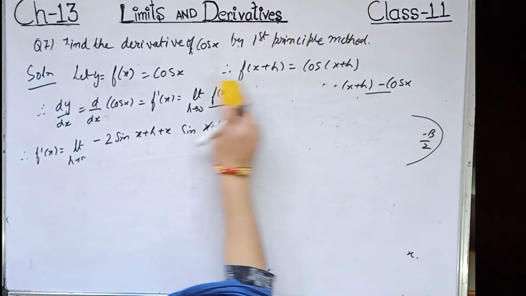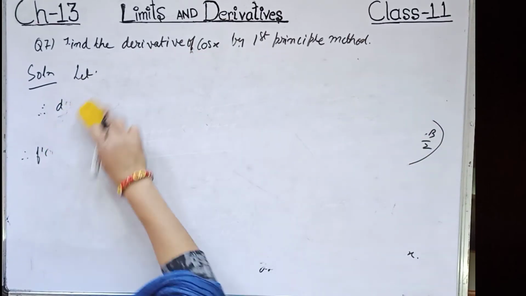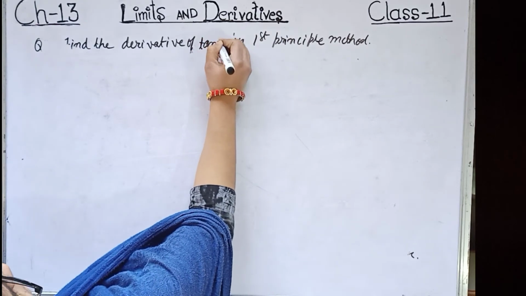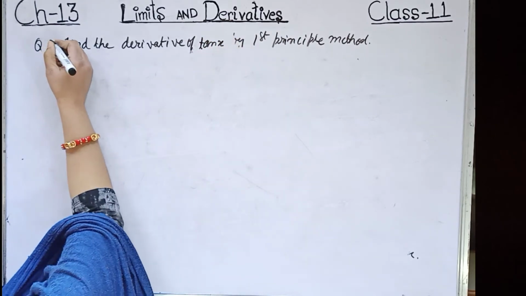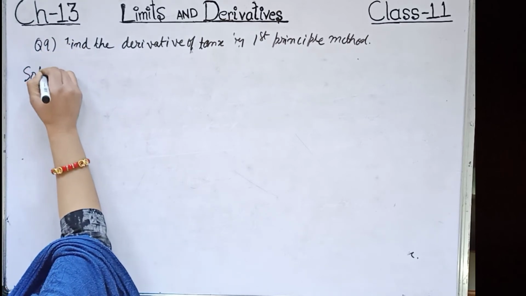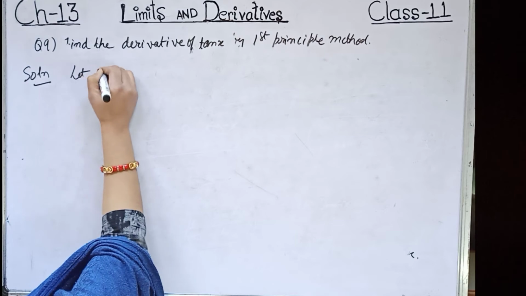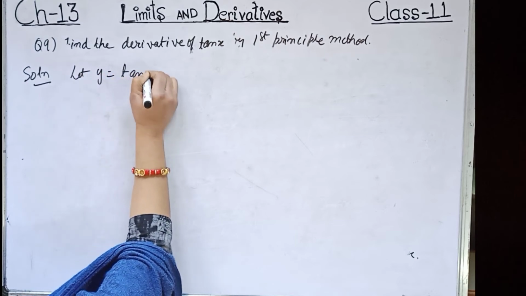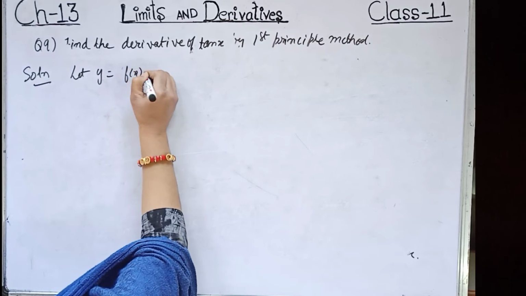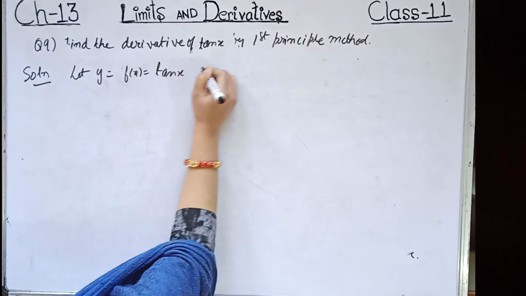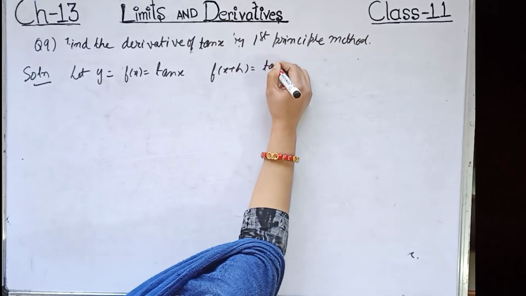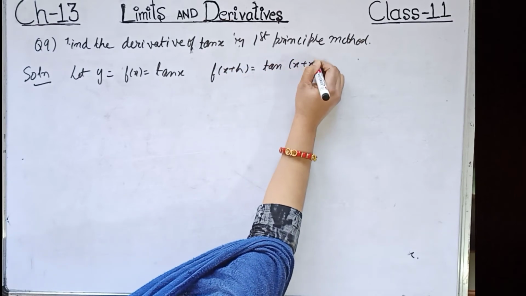So let us do tan x now. Let y equals f of x equals tan x, then f of x plus h equals tan of x plus h.